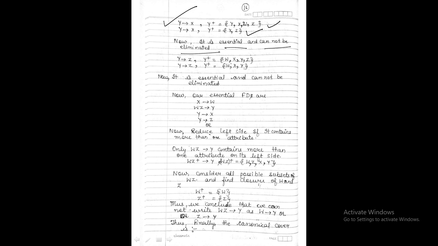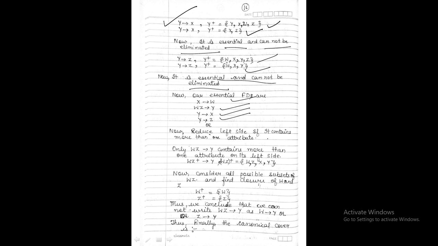Y implies Z: W, X, Y, Z and W, X, Y. You can see it is essential and cannot be eliminated. Our essential functional dependencies are X implies W, WZ implies Y, Y implies X, Y implies Z.